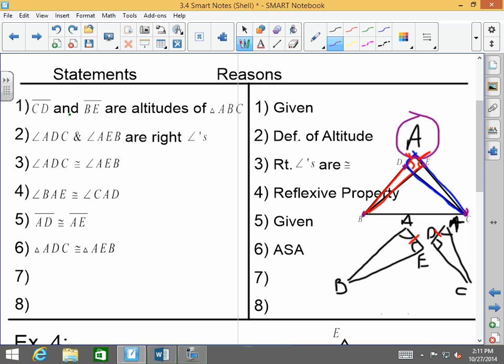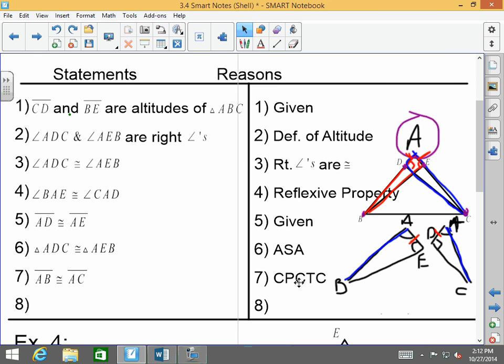I know that triangle ADC is congruent to triangle AEB. So if that's the case, what do I have to know about side AB and side AC? They're congruent. Why? CPCTC.